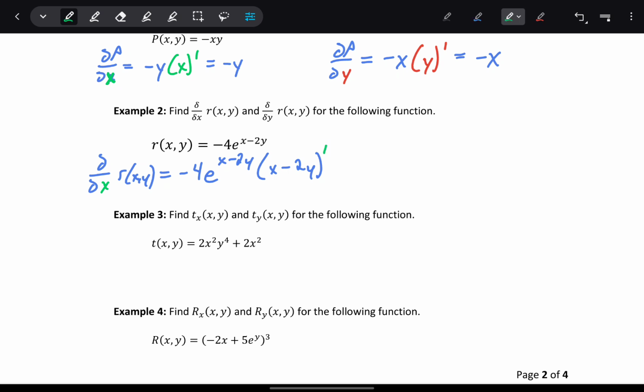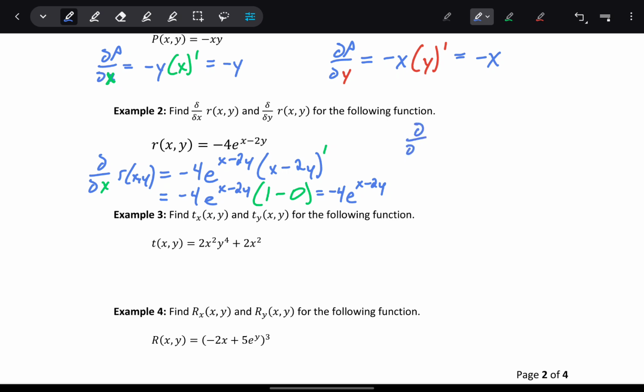But keep in mind, we're only differentiating with respect to x. So this will become negative 4 e to the x minus 2y times 1 minus 0. Because 2 times y we just treat as constants, so that derivative goes to 0. And our result will be negative 4 e to the x minus 2y.